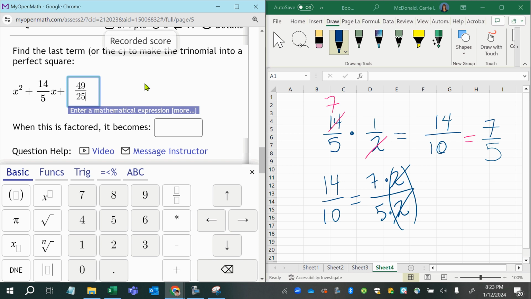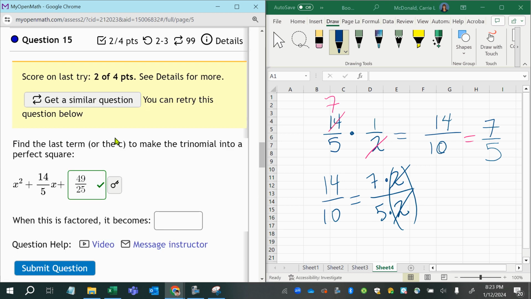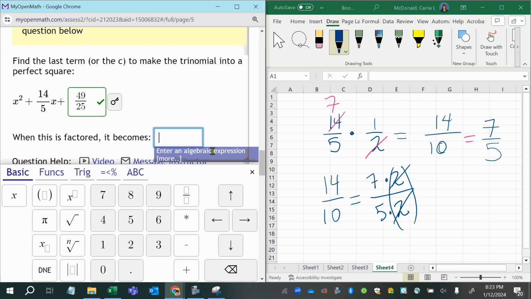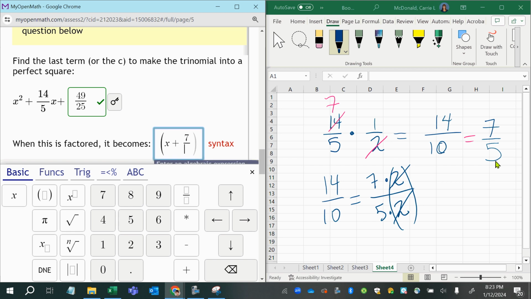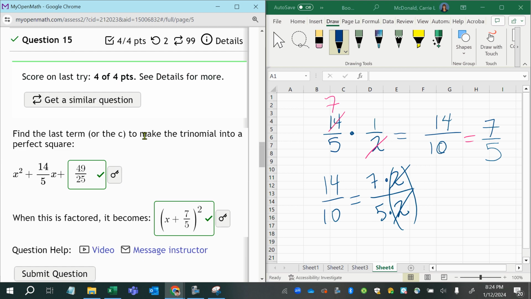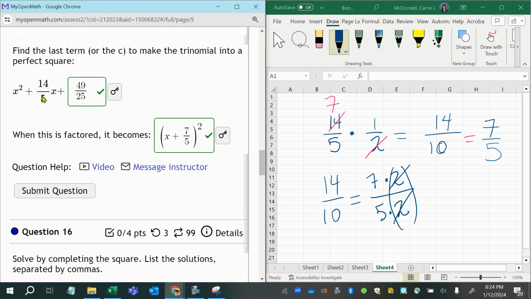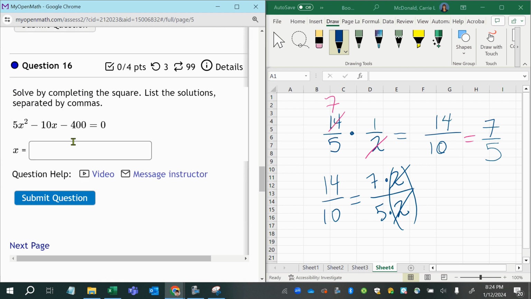That would complete the square. Then in factored form, it would be x. Always look at the sign in front of your middle term, x plus, and then the square root version of that fraction, which is 7/5. And go outside of the parentheses and put on an exponent of 2. And there you have your binomial squared to make a perfect square trinomial.